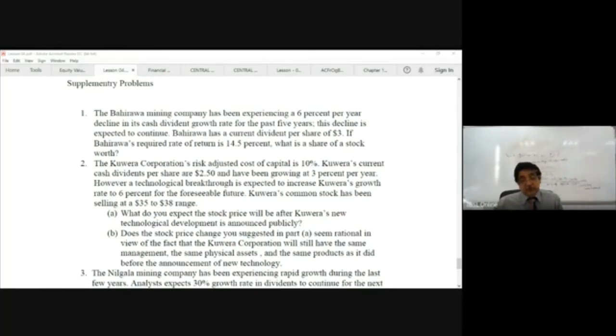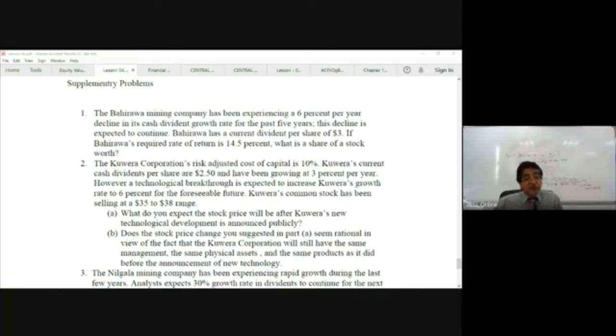The numerator will go up in value. And what will happen to the denominator? The denominator goes down in value. Now, when the denominator goes down in value and the numerator goes up in value, what will happen?